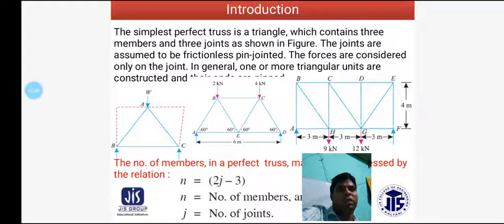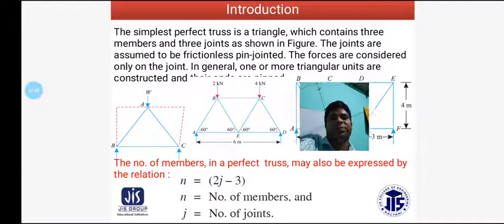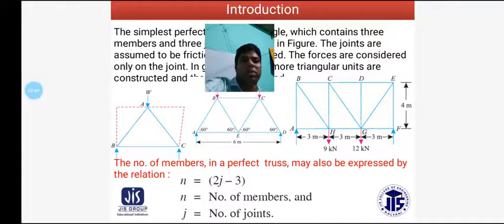In general, one or more triangular units are constructed and joined together individually. So this is actually the figure with the triangular section, and triangular joints are also there, and that joint may be done either by welding or pin joint.